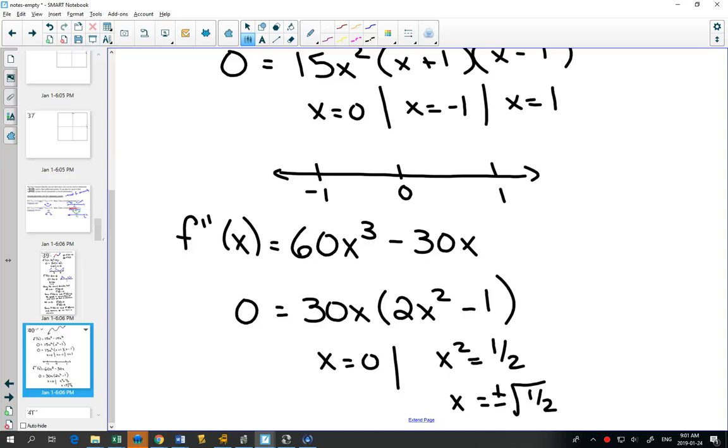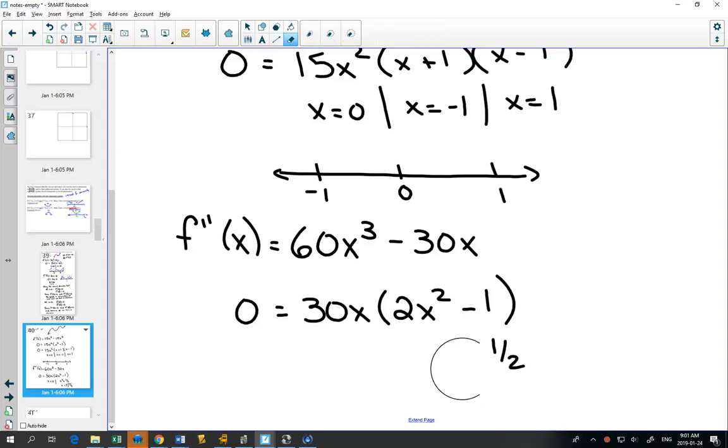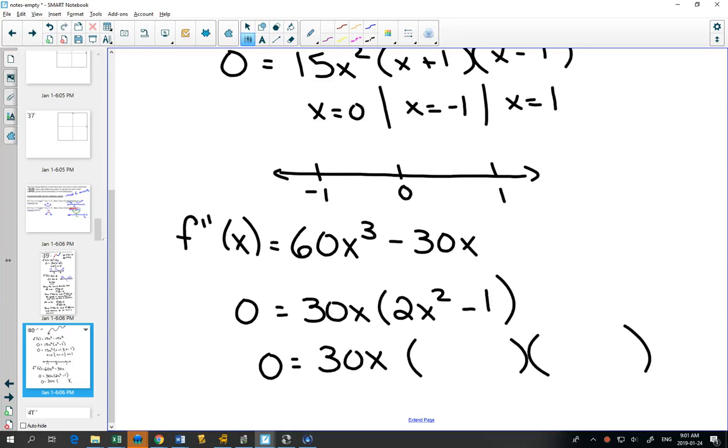Yeah? Okay. Now, just for fun, you're allowed to bend the rules a little bit sometimes. I'm going to factor this as a difference of squares. Is it a difference of squares? Not really. Because is 2 a perfect square? No. But if you wanted to, what times what is 2? Root 2. So you could write root 2x plus 1 and root 2x minus 1 and bend the rules a little bit.